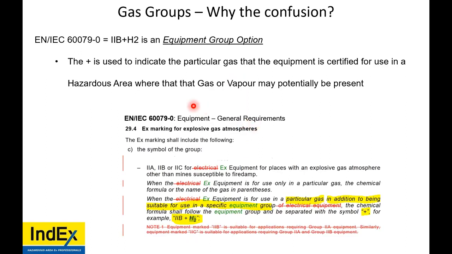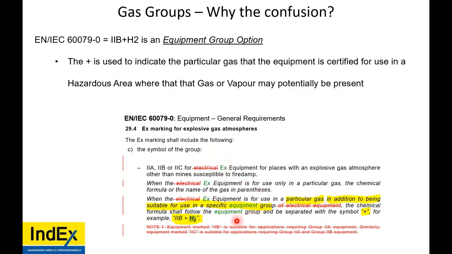Now, under IEC EN 60079, 2B+H2 is also an equipment group option. The importance is the plus symbol is used to indicate the particular gas that the equipment is certified for use in a hazardous area where that gas or vapor may be present.